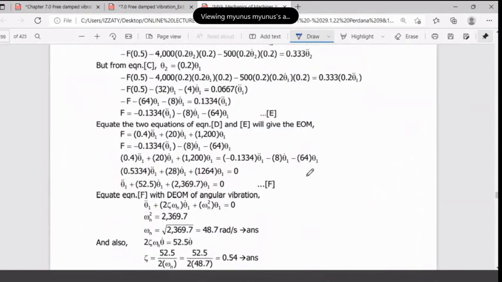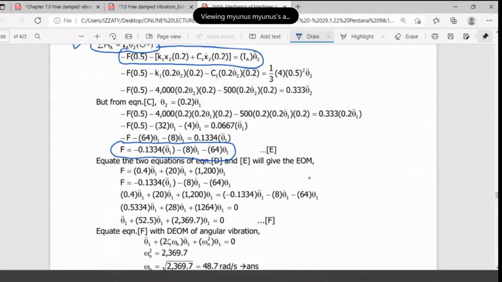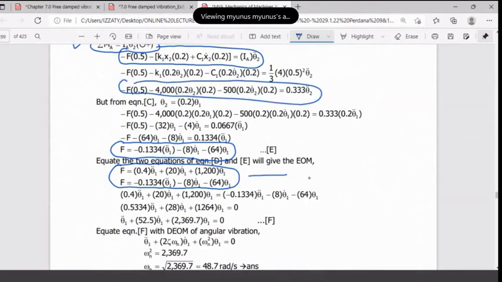It is basically equating the equation from this and also from the rod. There are two equations, one from the rod and the other from this one. Here and also the other part here. This is the equation now, all in terms of theta 1.